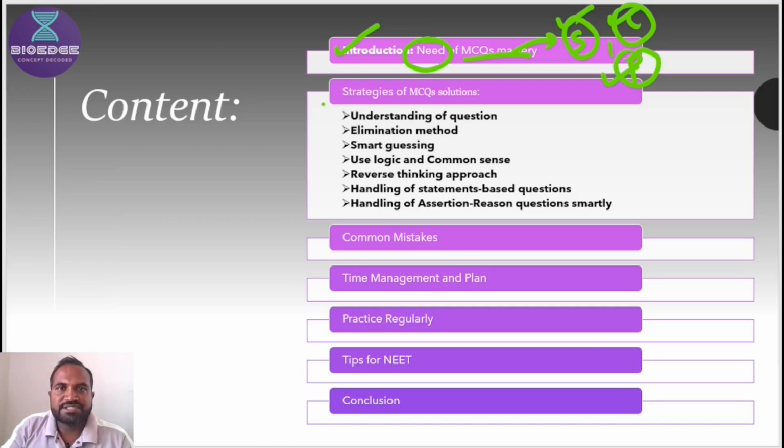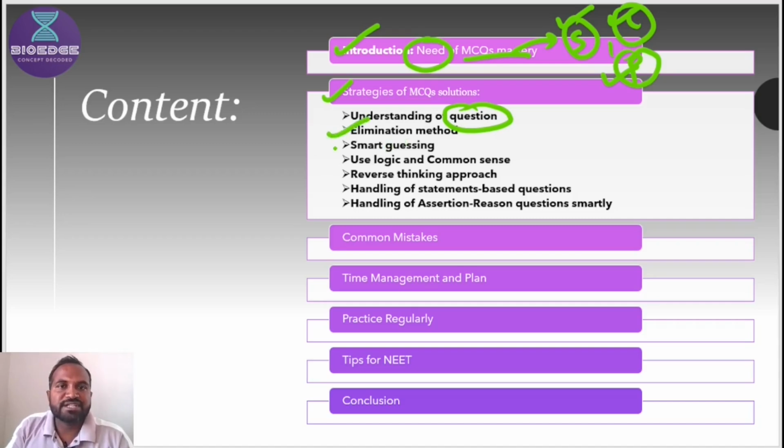There are different strategies. The first is understanding the question. Next, you should know the pattern of the question, as well as the different keywords and traps in the question, which are also discussed here.